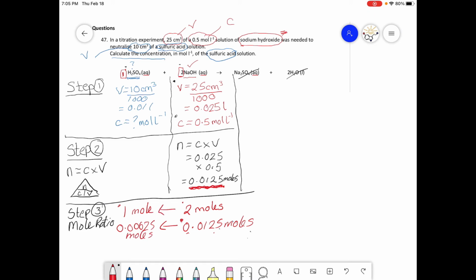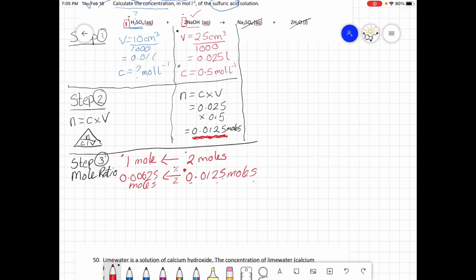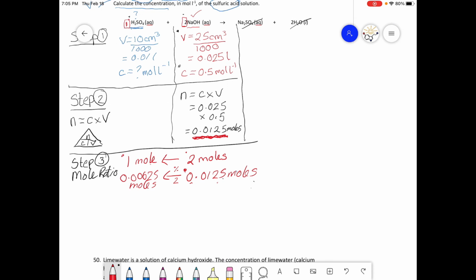Those arrows are just saying, if we've got 2 moles, that reacts with 1 mole. If we've got 0.0125 moles, then that reacts with 0.00625 moles. I've just divided that by 2. So you now know how many moles of sulfuric acid we've got.